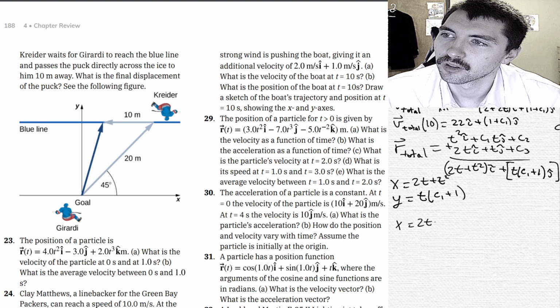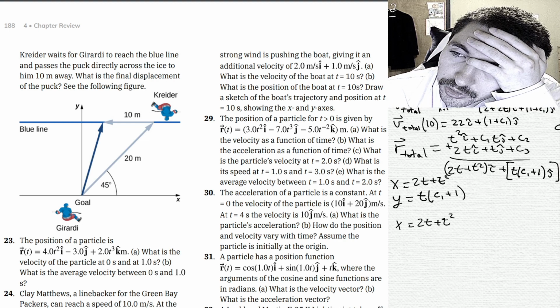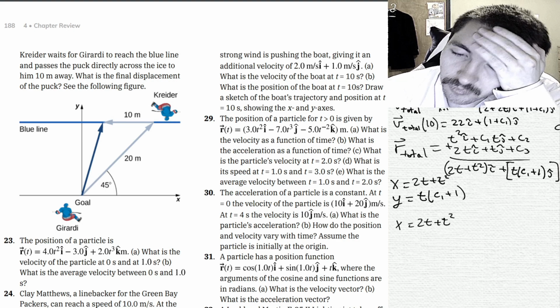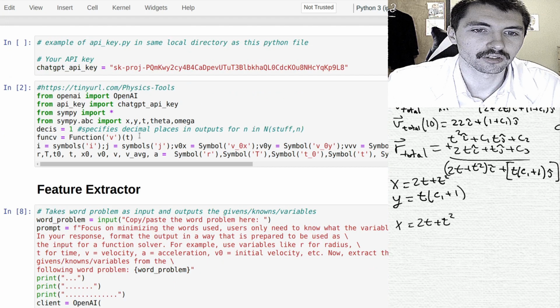So you have to do like a quadratic formula, don't you, on this one? All right. I'll do it in a few seconds.